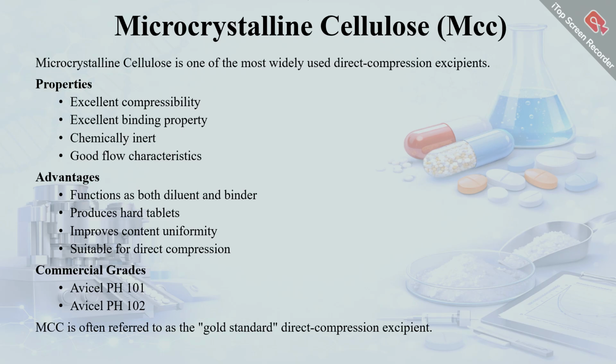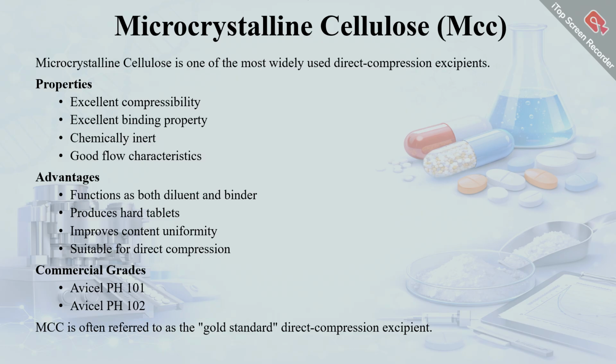In all direct compression, this microcrystalline cellulose will be used. Whatever drug products we are making, mostly all contain microcrystalline cellulose. Its properties are excellent compressibility, excellent binding property, chemically inert, good flow characters. Because of its properties, it has the widest use.